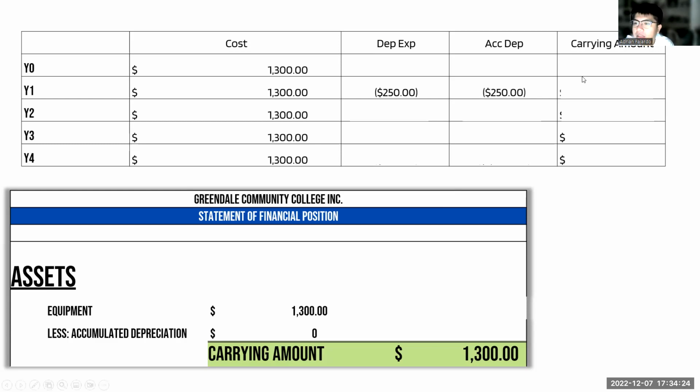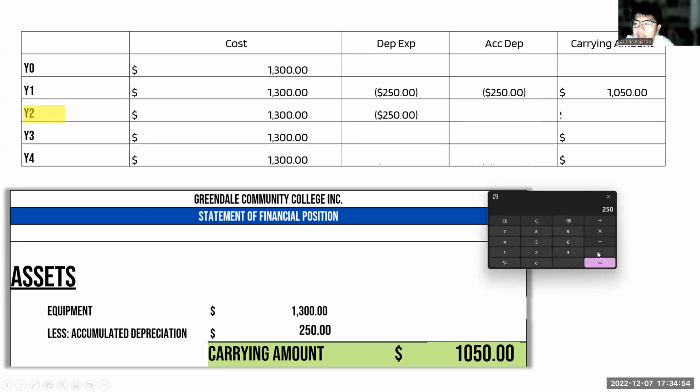Therefore, your carrying amount is 1,050 because that's 1,300 minus 250. So in year 1, this is what it will look like. Now, you have an ACDEP of 250 and a carrying amount of 1,050. Pero your equipment is still at 1,300. We go to year 2, still same annual depreciation expense, pero ACDEP is now what?